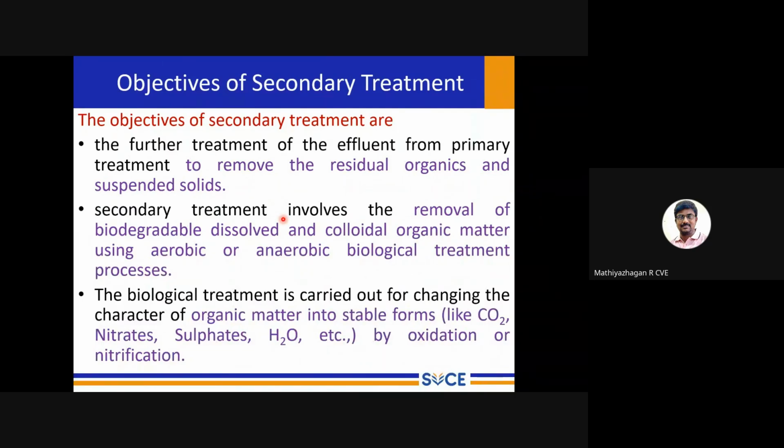So we need a biological unit, and to settle down the biomass, we need a secondary clarifier also. In the primary treatment it is called the primary clarifier, and in the secondary treatment the sedimentation tank is called the secondary clarifier.